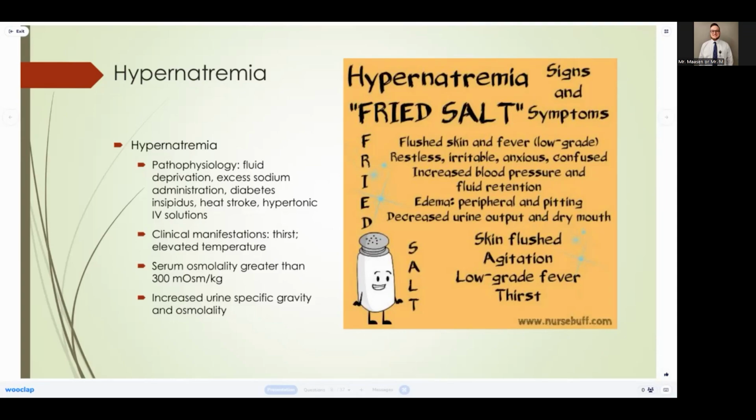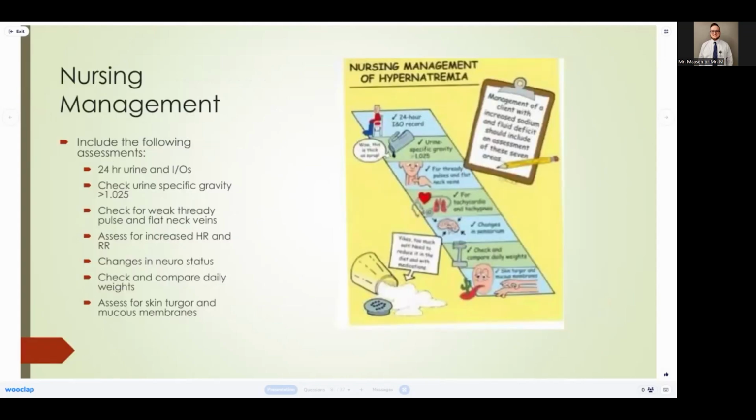Increased blood pressure, fluid retention. E would be edema, decreased urine output, dry mouth, skin flush, agitation, low grade fever, thirst. So much more of a flushed, irritable, low grade fever, increased blood pressure, and then high serum osmolality and specific gravity.